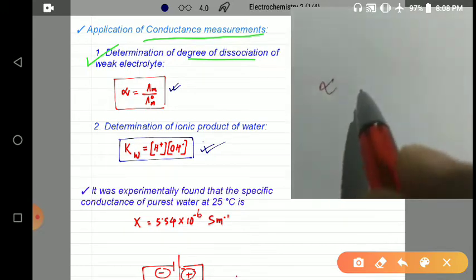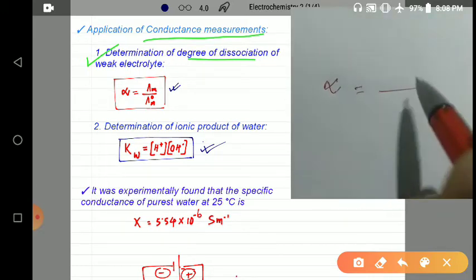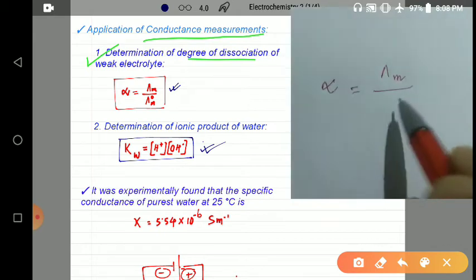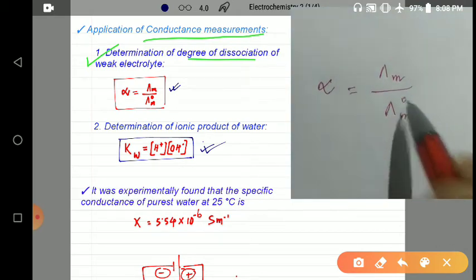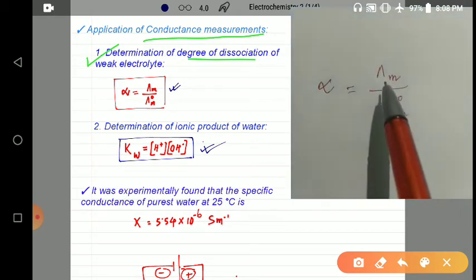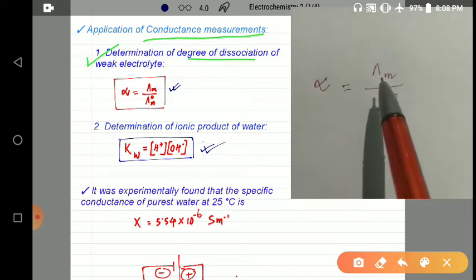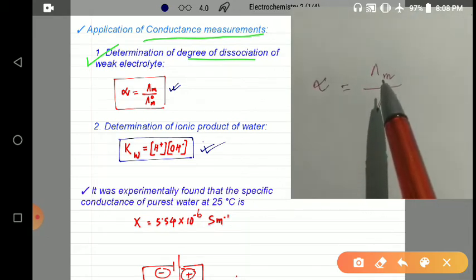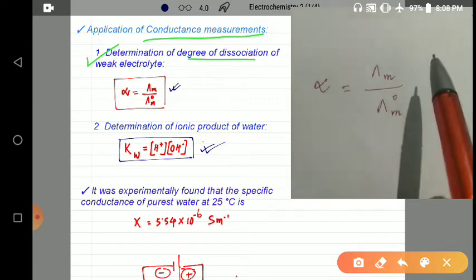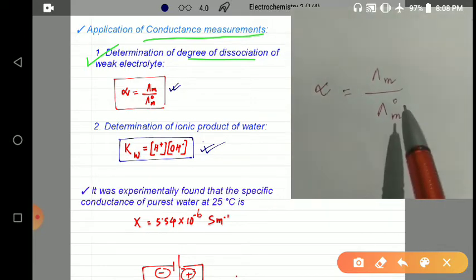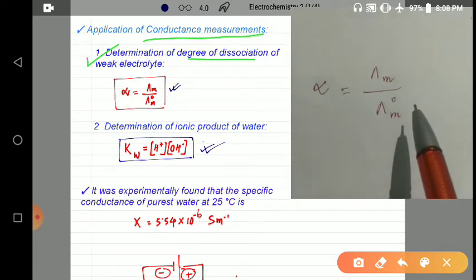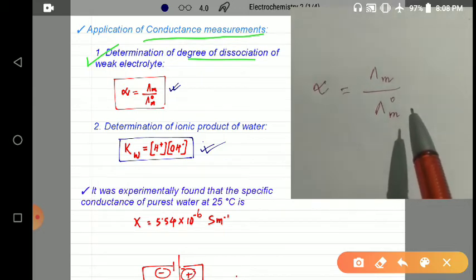Mathematically it can be calculated by using this relation, where lambda m represents the molar ionic conductance of that electrolyte and lambda m naught represents the molar ionic conductance at infinite dilution for the same electrolyte.